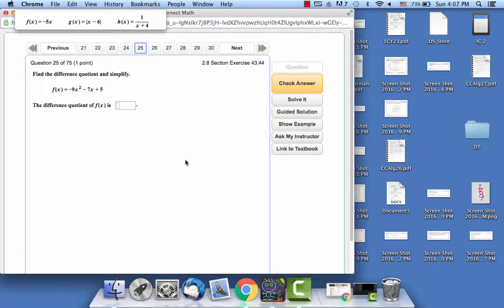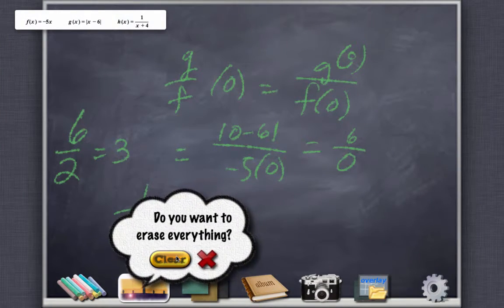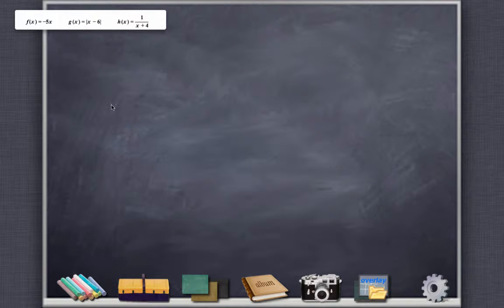The difference quotient, you may or may not have seen before, but we talked about it slightly in the previous video. Well, not directly.